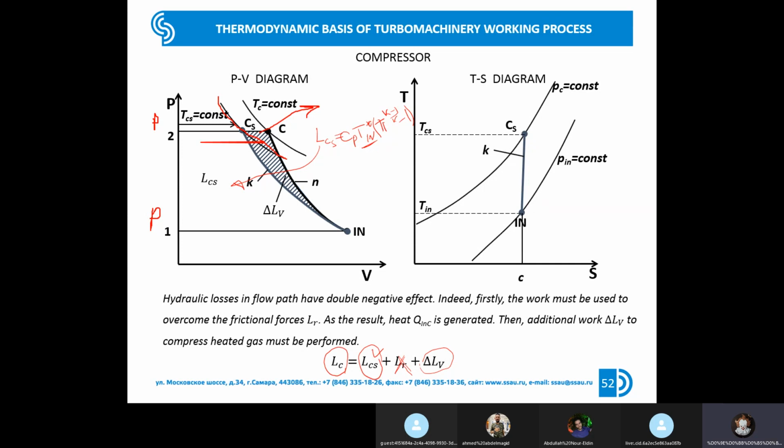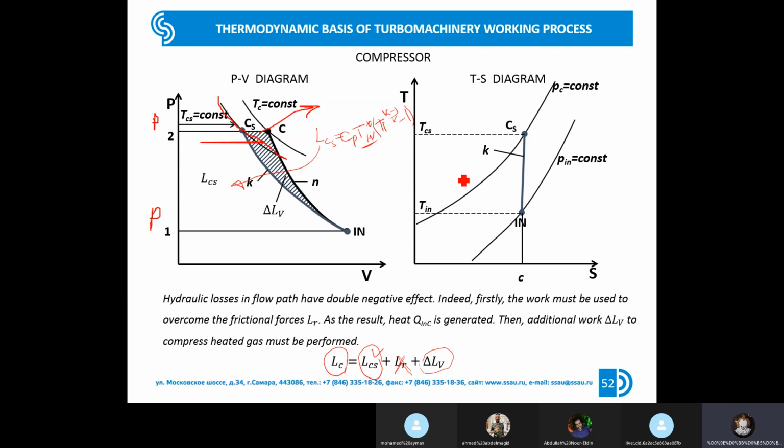So it's the first idea. Then the next question: how will the real process line be drawn? We are using the same approach as in the previous case. We have losses, and finally losses heat the gas. It means that at the outlet section, the temperature will be higher than in the ideal process.